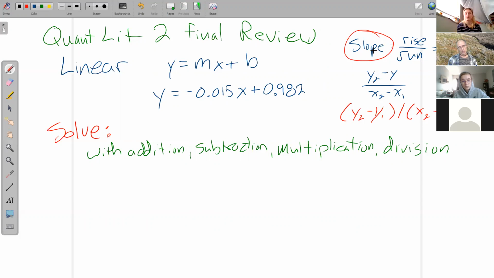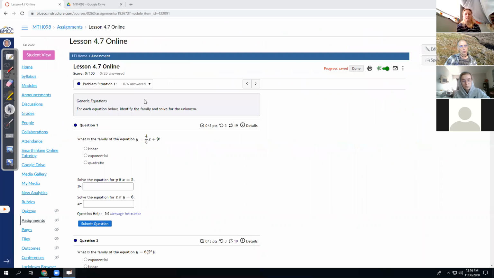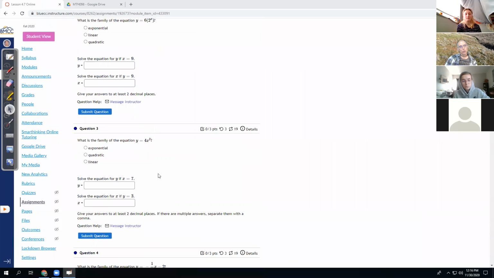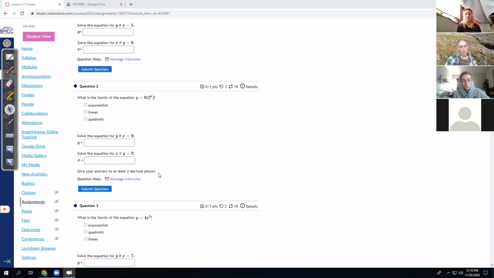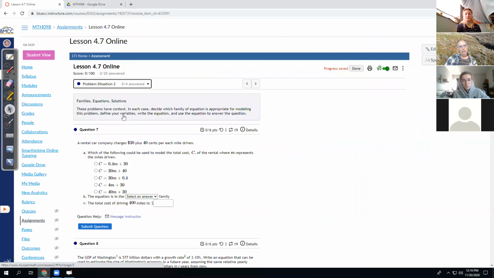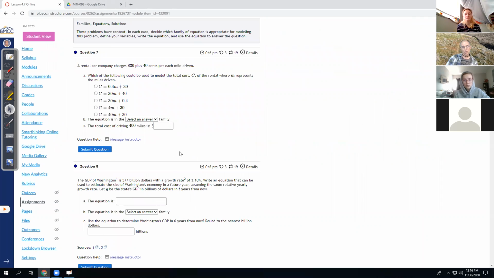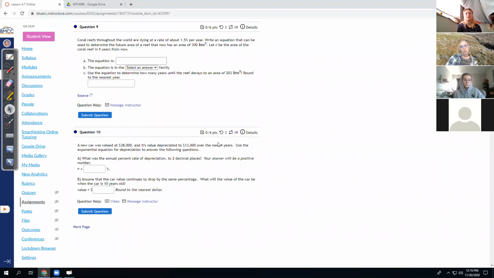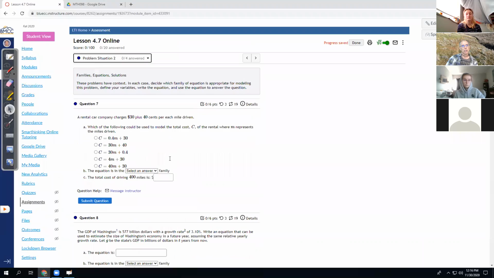The next thing was how do we apply it to different circumstances. So looking at our assignments for this week, we have our page 1, which is mostly just some algebra of those three different types. So we'll do a couple of those examples in a moment. The second page are scenarios that involve choosing one of those, linear, exponential, or power, and then using it to figure out what's going on in the situation.